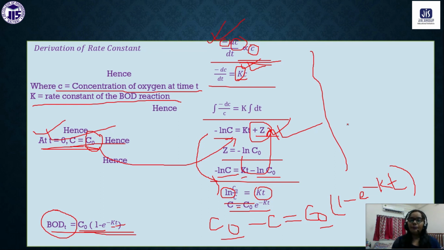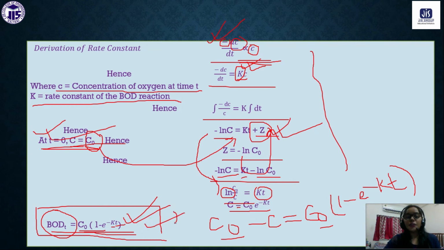Very, very important. From this portion you can have this type of question: derive the rate constant of the BOD reaction, or prove that BOD at time t equals C0 into 1 minus e to the power minus KT. Prove it. So that time you have to derive it this way. This is equation number 3.